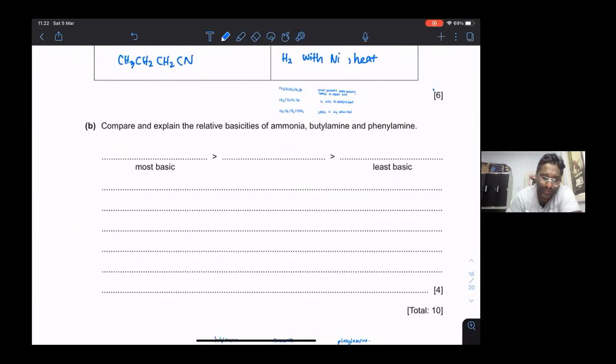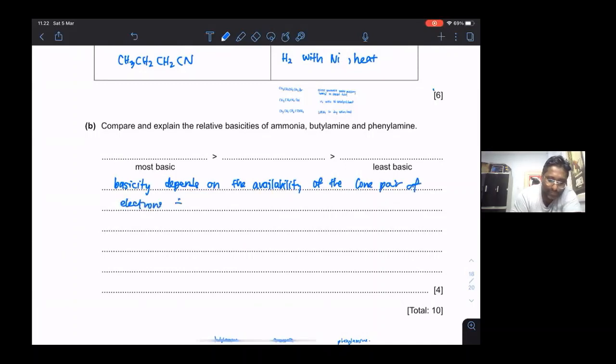So when we talk about basicity, basicity depends on the availability of the lone pair of electrons to receive or to bond with proton. So that is going to be the basicity.